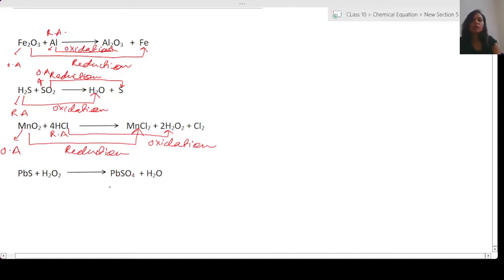PbS is changing to PbSO4 here. So PbS is basically gaining oxygen. So it will become an oxidation reaction here. And H2O2 is changing to H2O. That is, there is a loss of O ultimately.